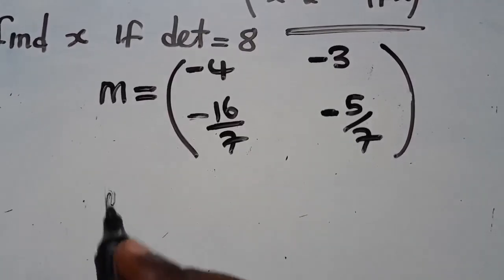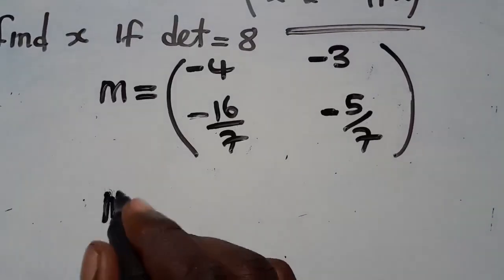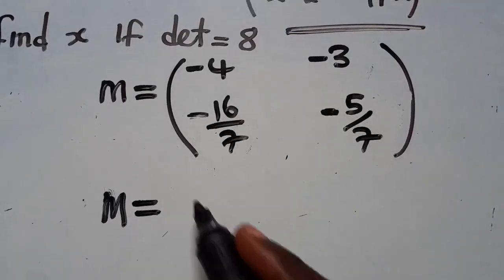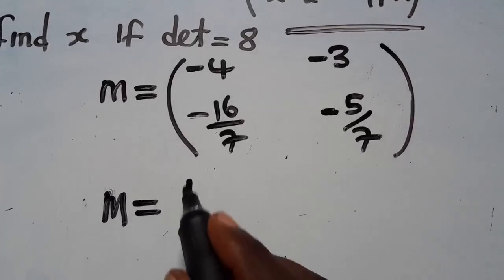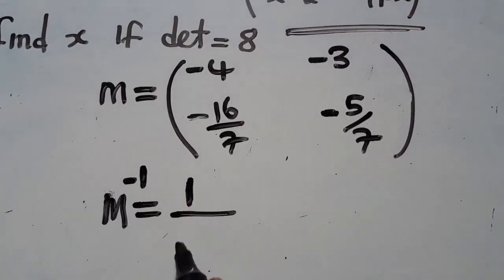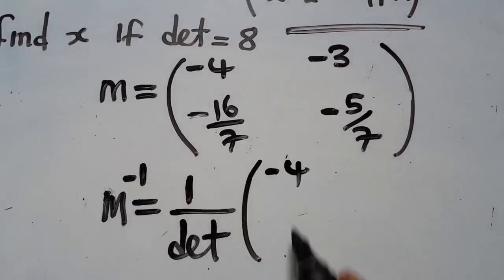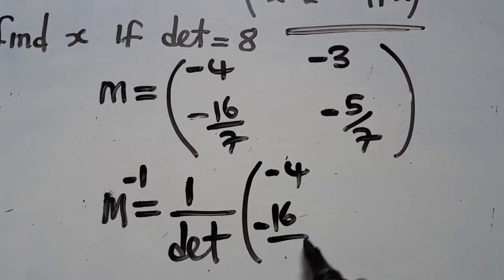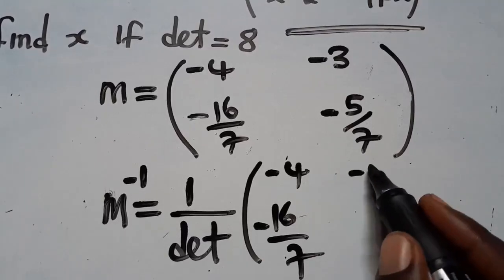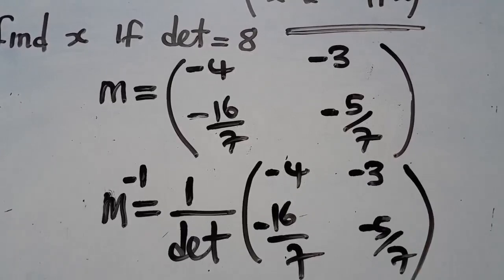So I say m inverse is equal to 1 over the determinant of this particular matrix, negative 4, negative 16 over 7, negative 3, negative 5 over 7, like this.